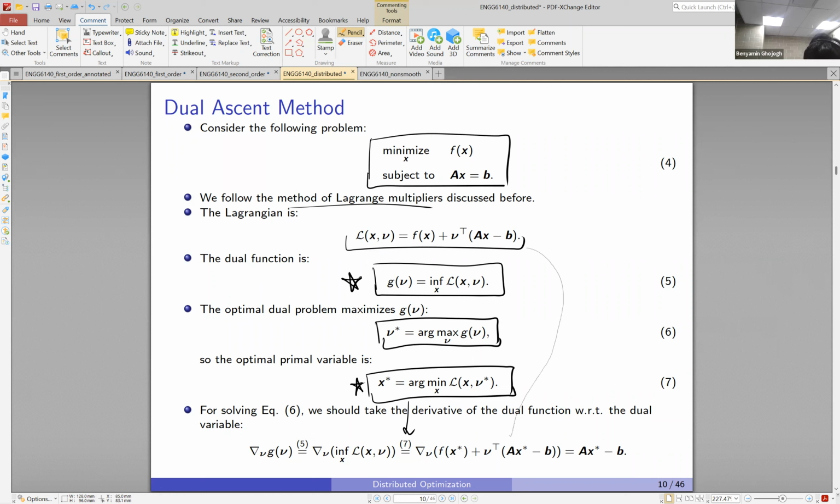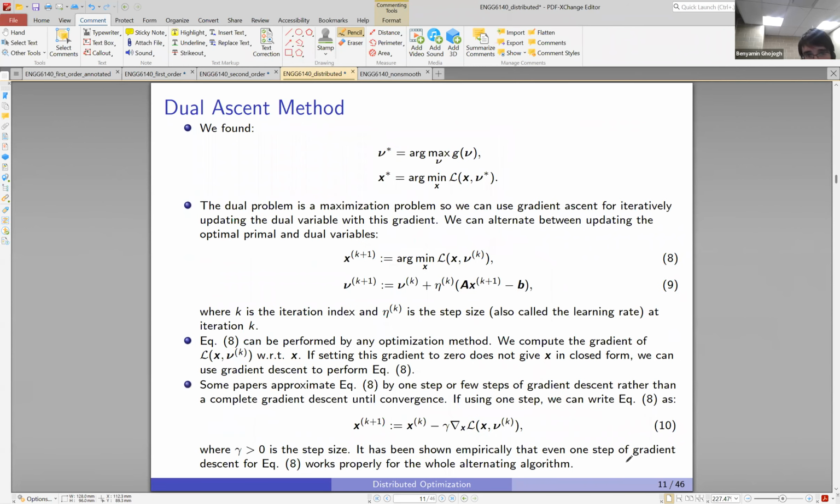So here, f of x star plus nu transpose (A x star minus b), right? Now, take the derivative of this term with respect to nu. This term is linear with respect to nu, which gives A x star minus b, and this term is a constant, so it becomes 0. So A x star minus b. Okay. Now we found this.